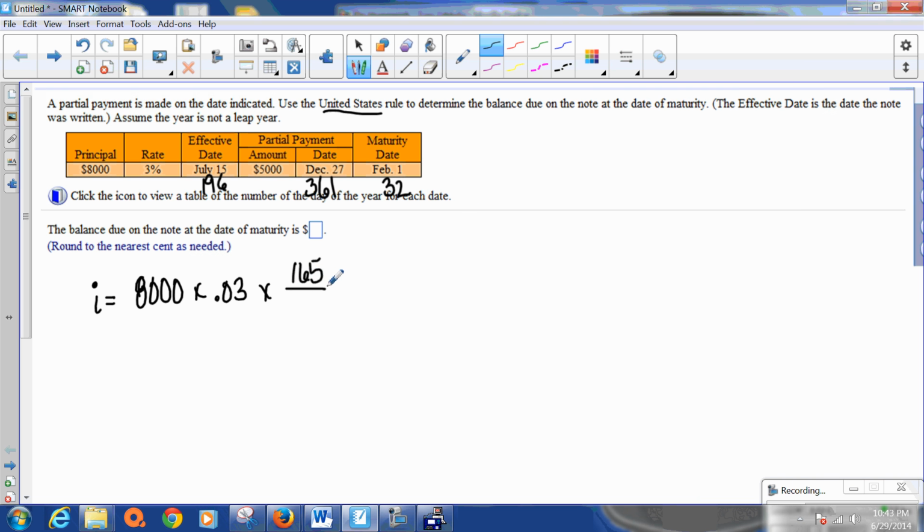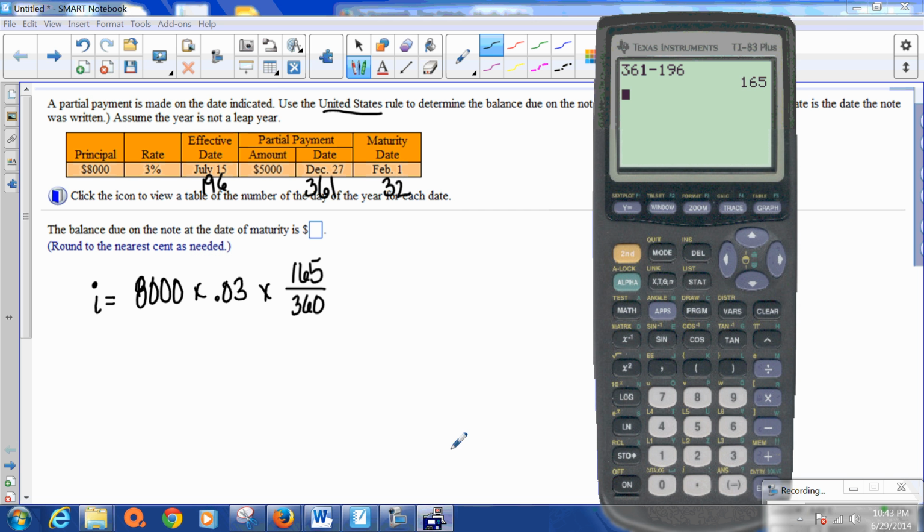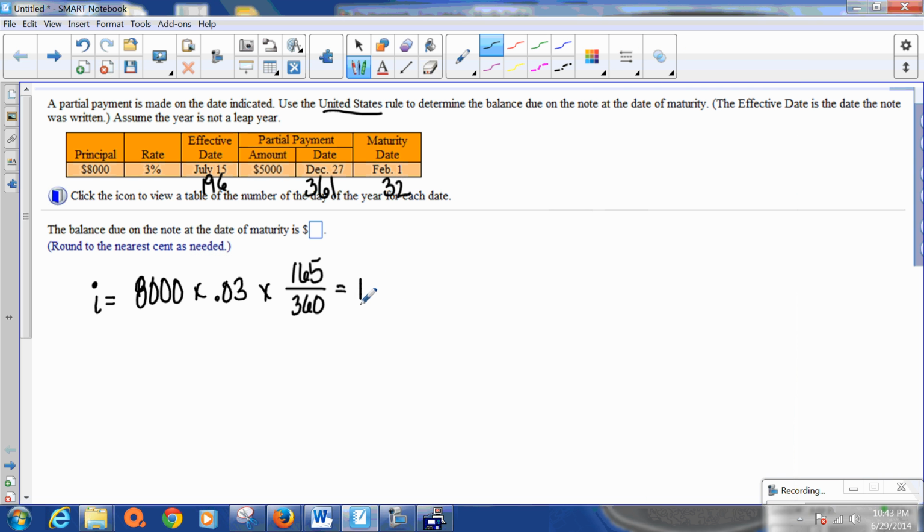In the banker's year, you only pay interest on 360 days. So I put in my calculator $8,000 times 0.03 times 165 over 360, and I get $110. That's my interest.